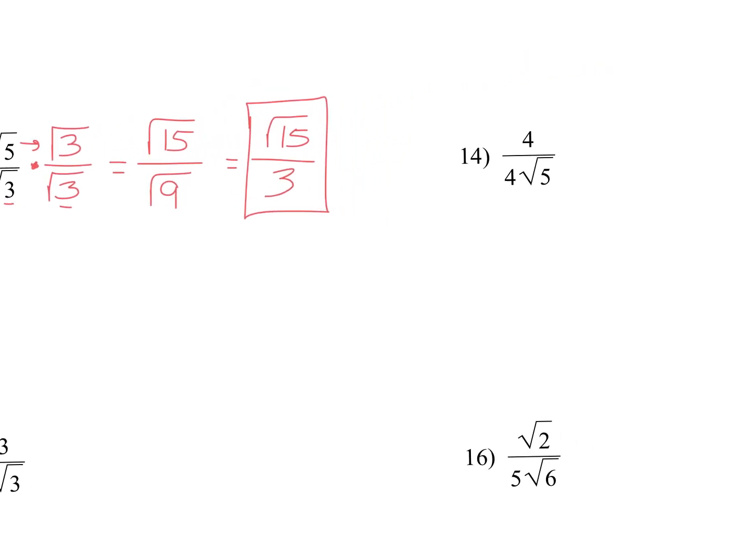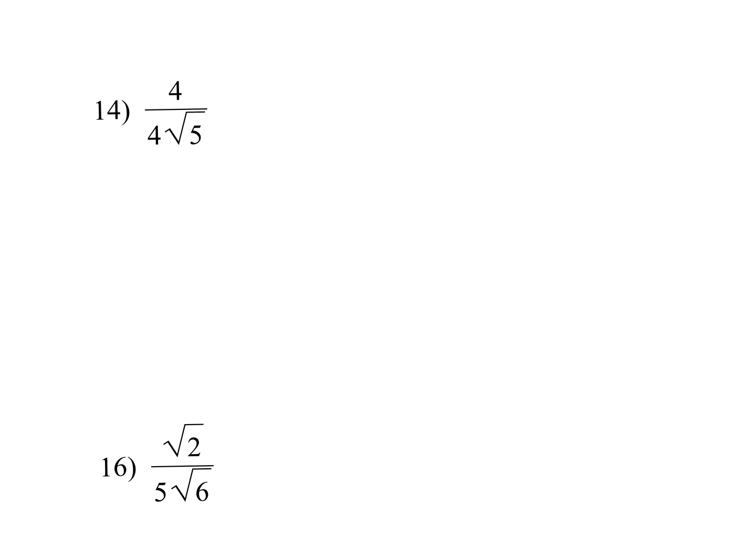So let's look at number 14. I have a radical in the bottom. How do I get rid of it? Multiply by what? Square root of 5. What I do to one, I have to do to the other, top and bottom. Multiply across.